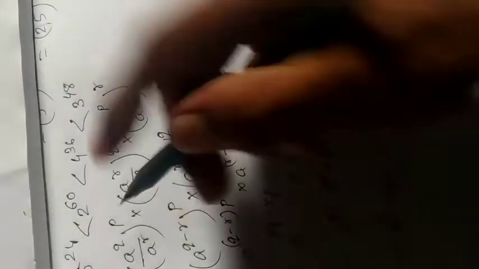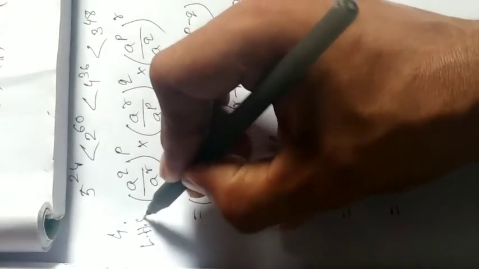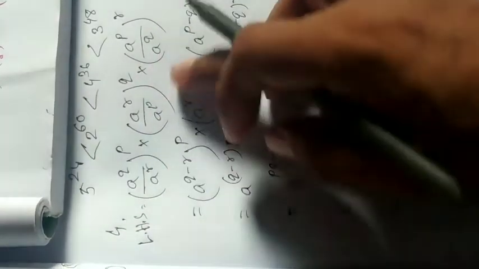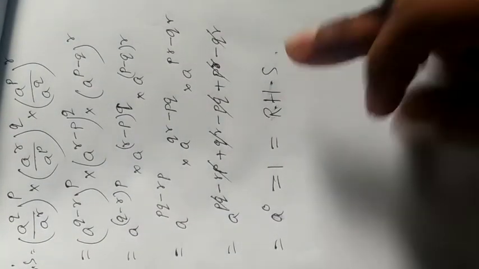Okay, so first we have to write here left hand side, it is mistaken. So left hand side is equal to this one and is equal to 1, which is equal to right hand side.